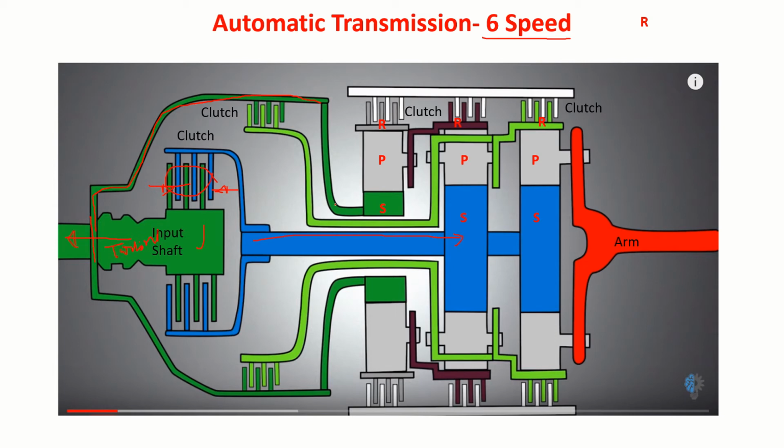This can also drive this. So by operating those clutches, we can constrain their motion and operate a particular combination to get the required speed ratio. Here let me show you this. This is the input speed. These are all the clutches. Fine, you have understood those things.